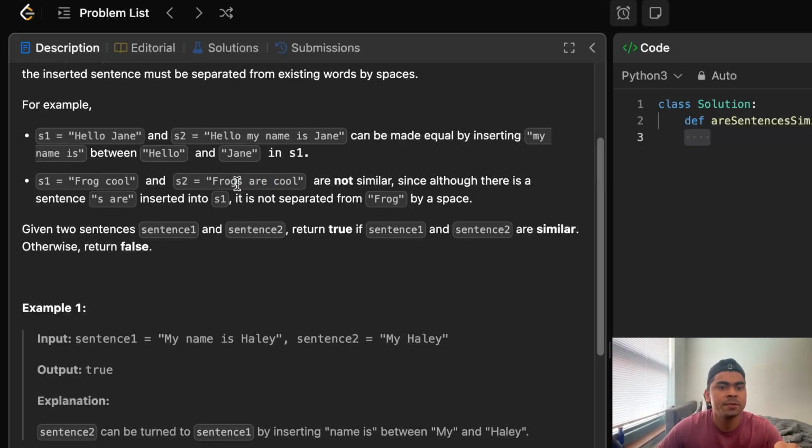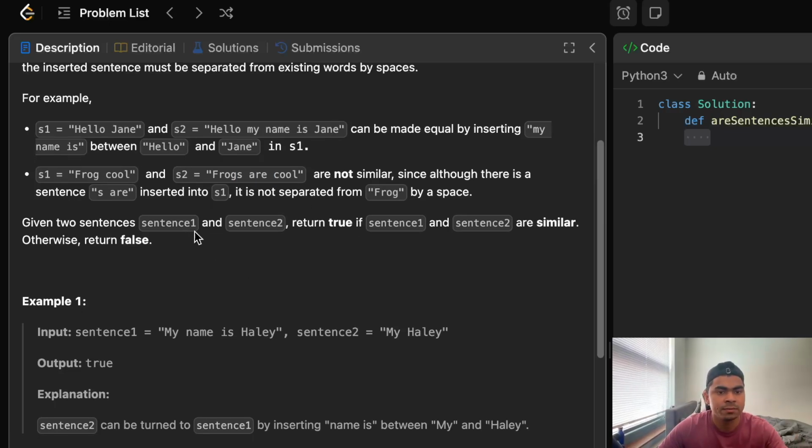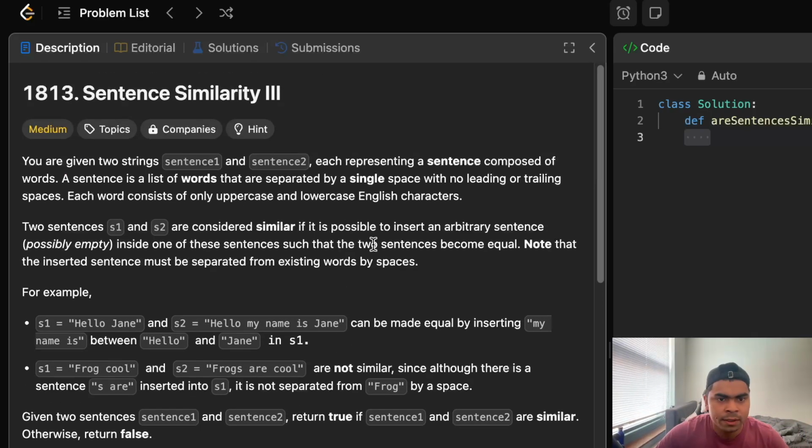There should have been a space between "frog" and "s". It would become equal if there was a space here, because then we would be inserting "s are" with a space. Right now we cannot make them equal, because of the condition that the inserted sentence must be separated from existing words by spaces.